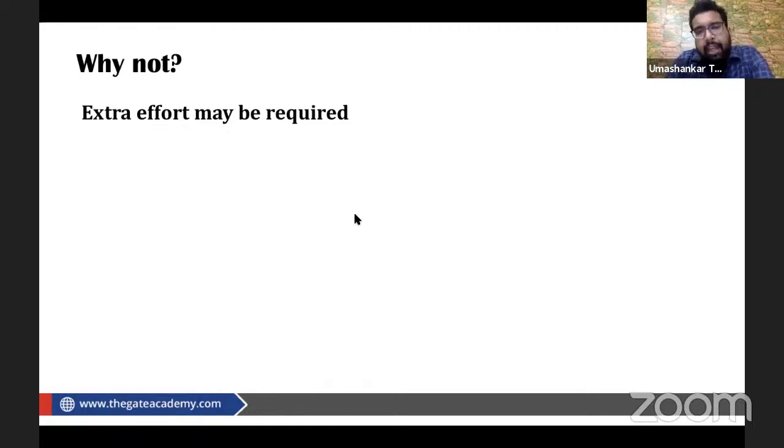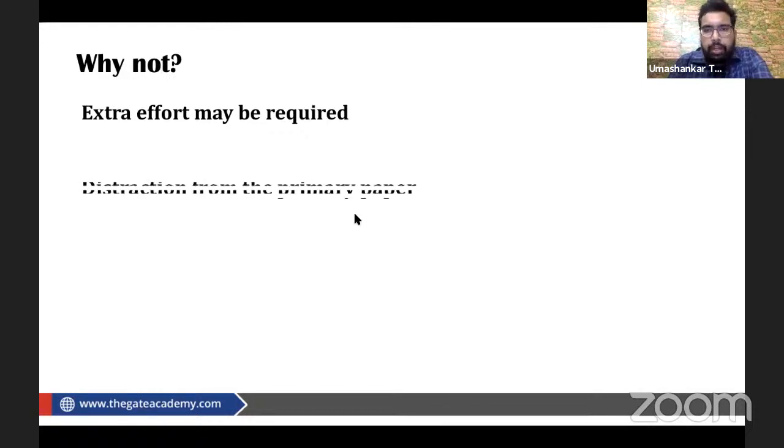Now definitely extra effort will be required. And the effort that you are putting in your second paper, you can shift to your first paper to ensure that you get a good rank in the primary paper itself. So definitely your effort will be distributed.